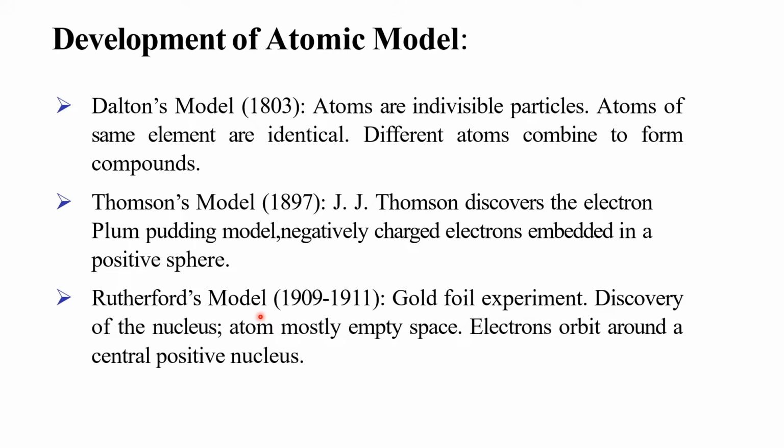Then the Rutherford model was introduced. Rutherford carried out the gold foil experiment, and he discovered the nucleus of the atom. He said that the atom mostly has empty space, and electrons orbit around a central positive nucleus.